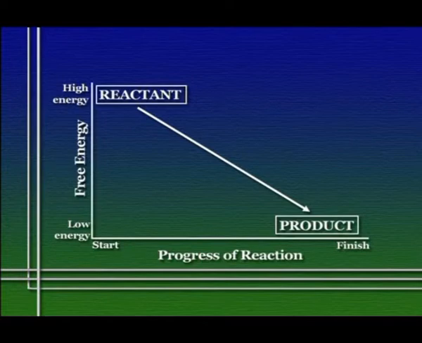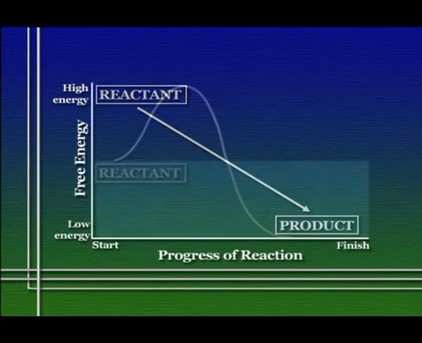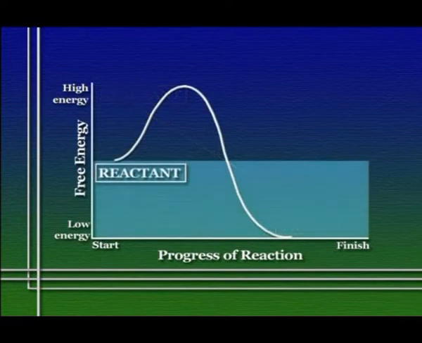Or I should say, a line that is moving straight down at an angle. However, a more realistic drawing for the energy relationships of a typical exergonic reaction in the cell would not be a straight downward line, but would instead be a curve that initially went upwards to a higher energy level and only then went downwards, down to the lower energy state of the reaction's product.